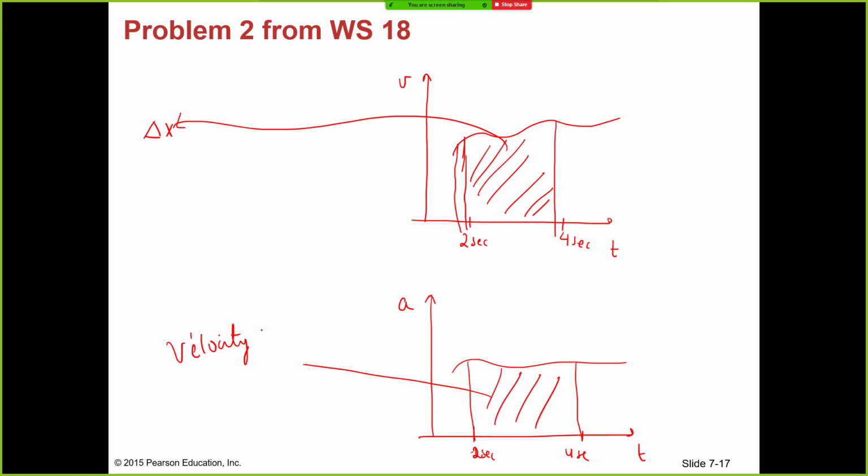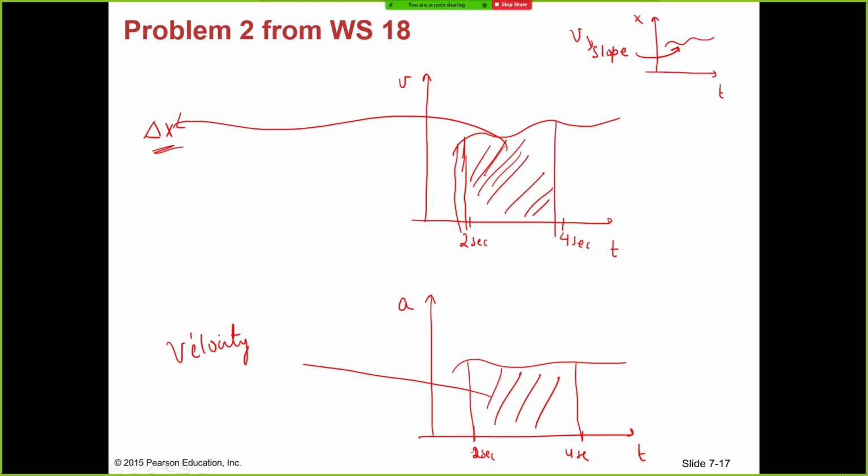The next thing is, if you have x versus t, and you want to find velocity, then it's the slope of that curve. Slope of this curve gives you the velocity. So to get displacement, you need to find the area under the VT curve, but to get velocity, you need the slope of the xt graph.